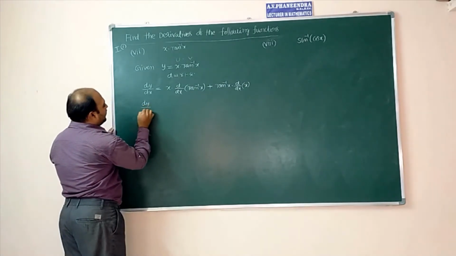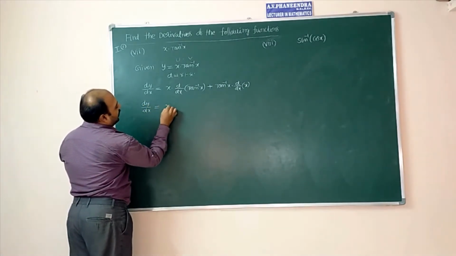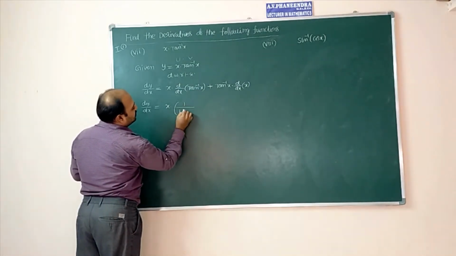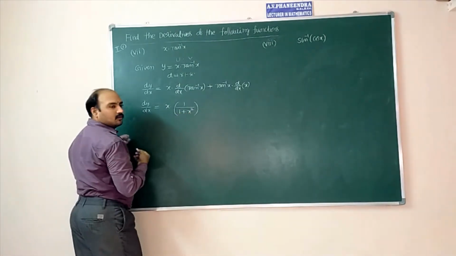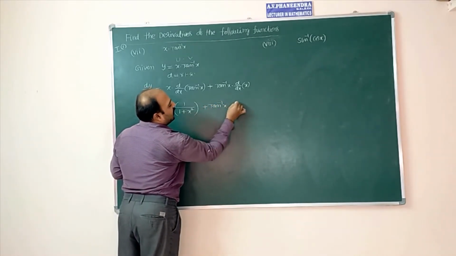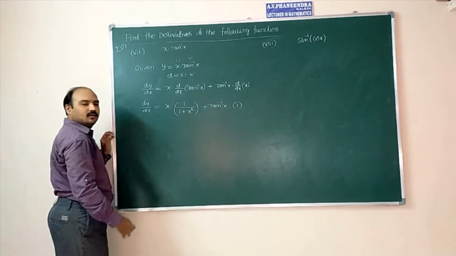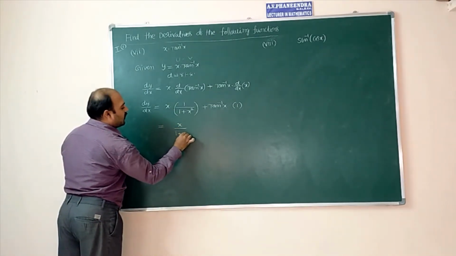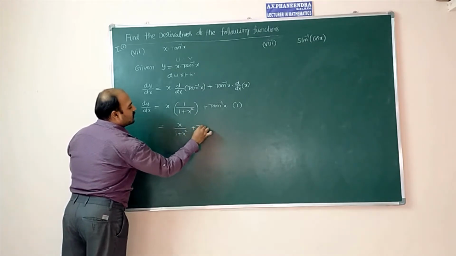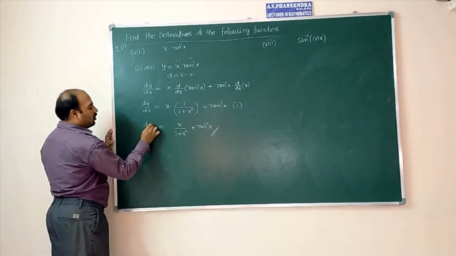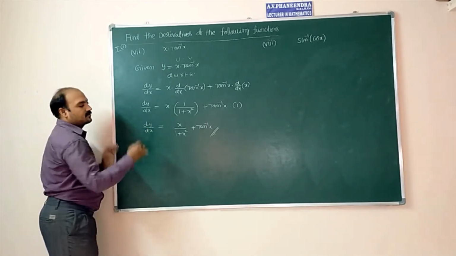Therefore, dy by dx equal to x into d by dx of tan inverse x, which is 1 by 1 plus x square, plus tan inverse x into d by dx of x, which is 1. Therefore, simplify and write it: x by 1 plus x square plus tan inverse x. This is the value of dy by dx.